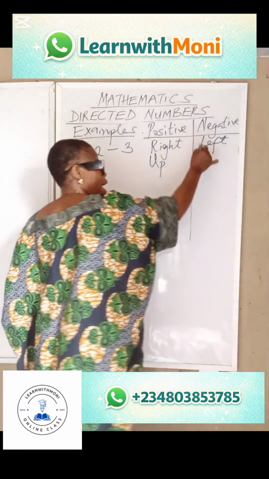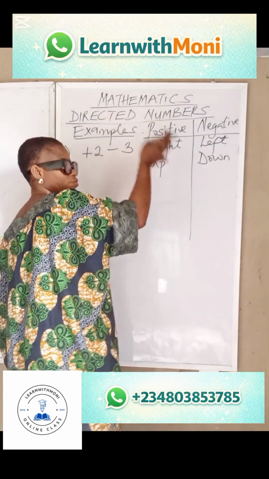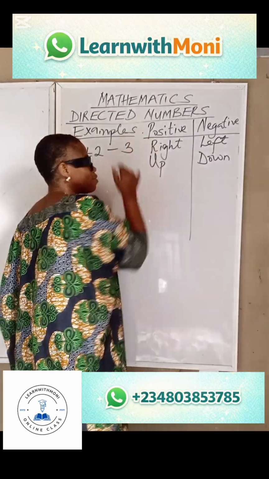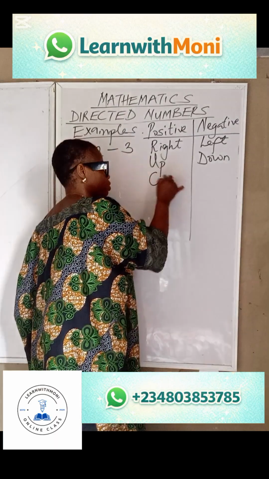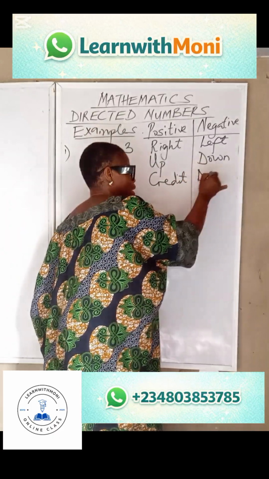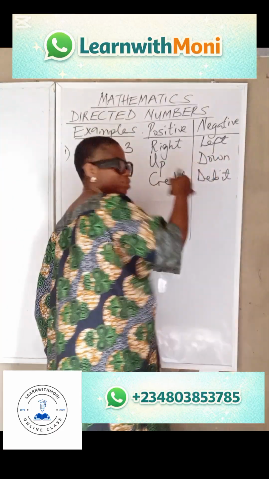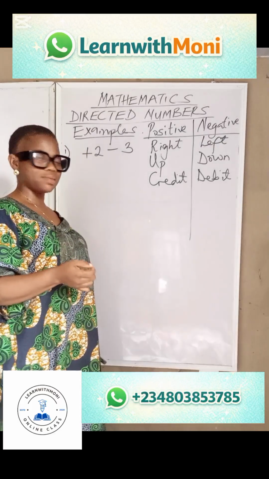Negative numbers are moving downwards. Positive number is showing a credit, what I have in my pocket, in my account. And negative number is showing a debit, what I am owing others, what we call a debt. That is what negative numbers imply.